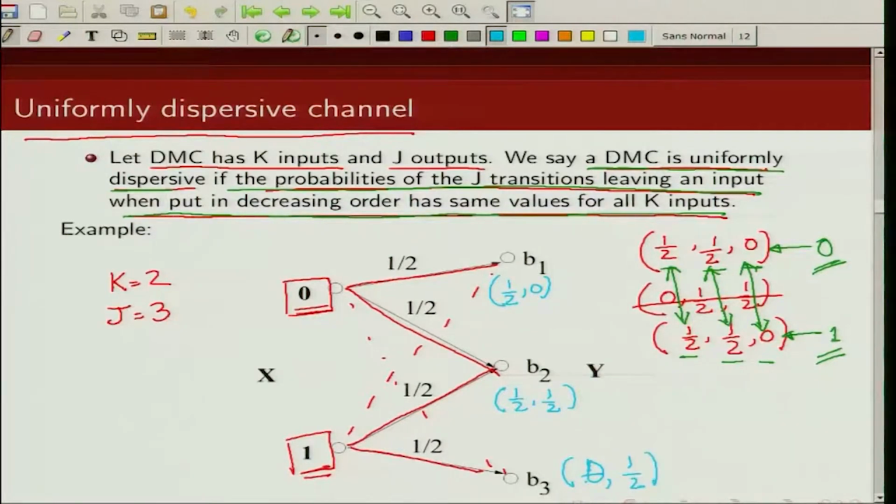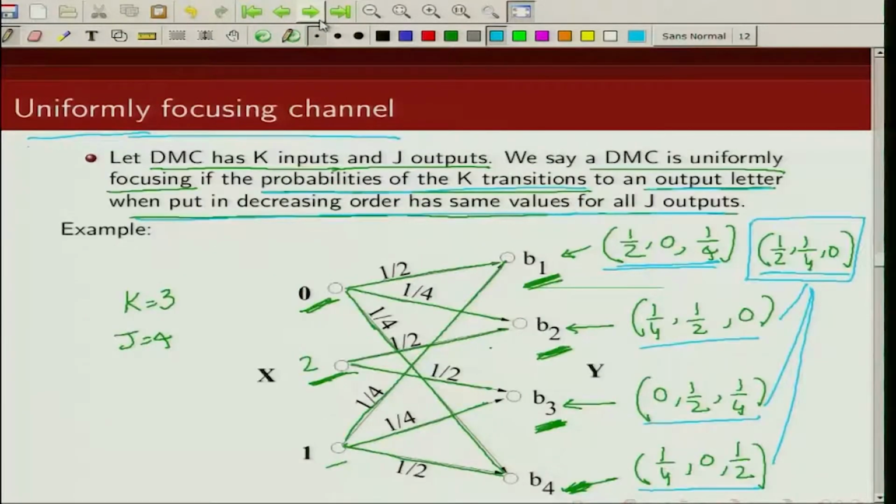So you can see this is not an example of a uniformly focusing channel. Why? Because when I arrange the transition probabilities in descending order, for outputs B1 and B3 it is half and 0, whereas for this output it is half and half. So this is a uniformly dispersive channel, but it is not a uniformly focusing channel.